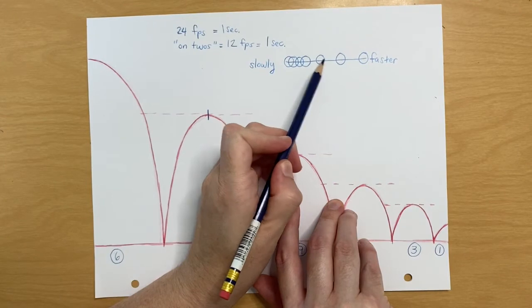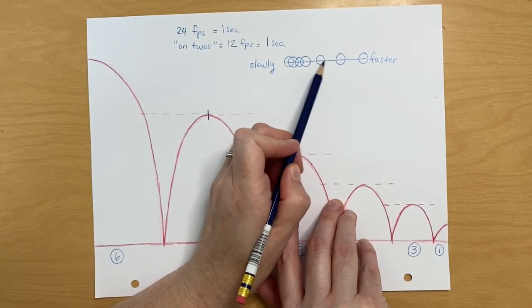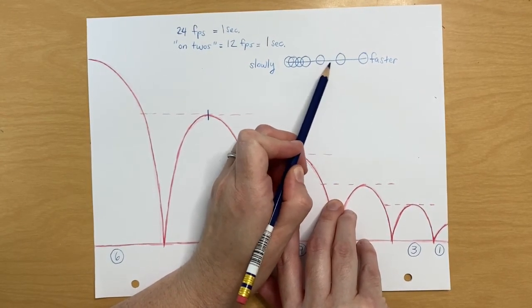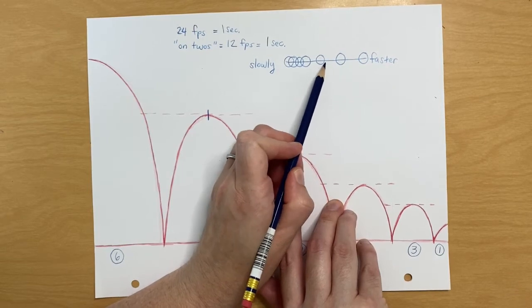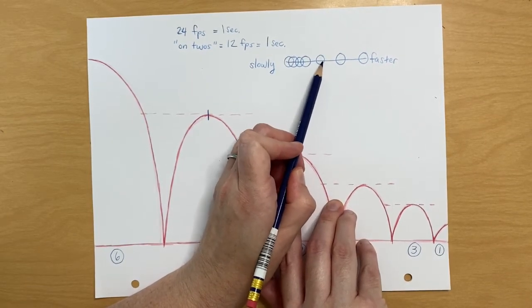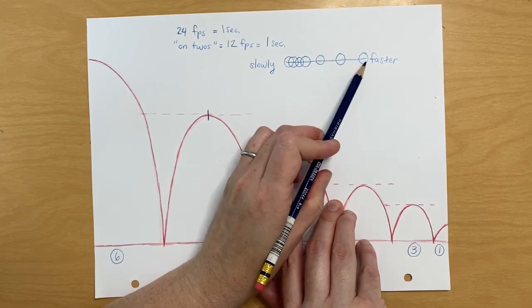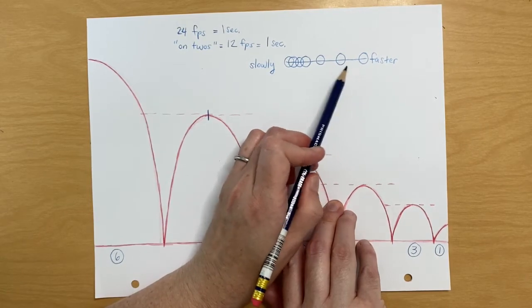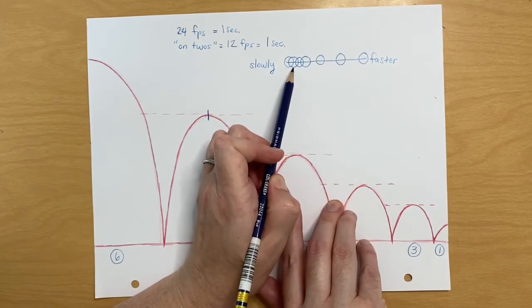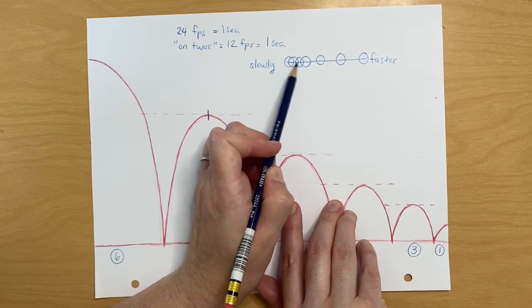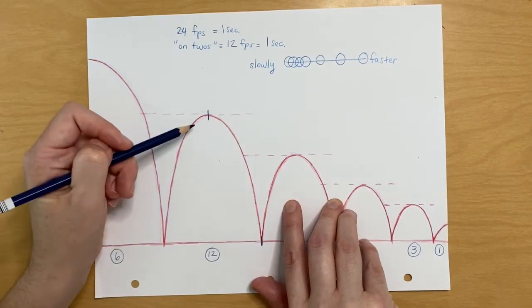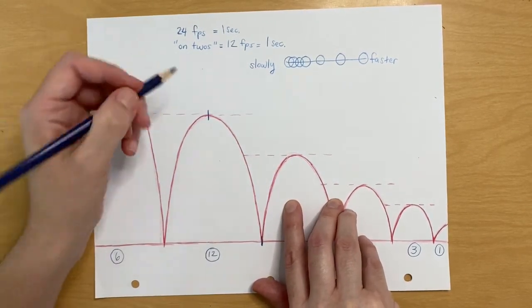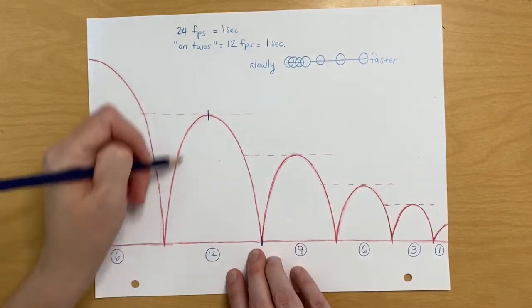More distance means there's more space between each drawing, so it has to go to that next drawing basically faster because there's more space. So more space means faster, more distance between the drawings is faster, more closely put together means a slower motion.